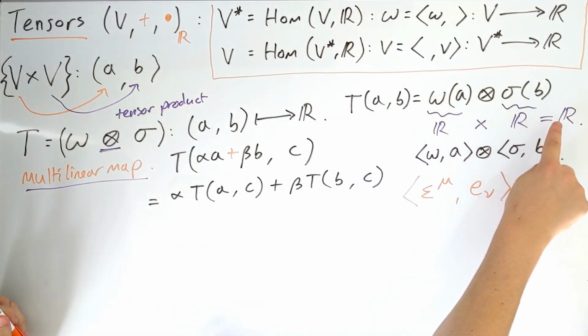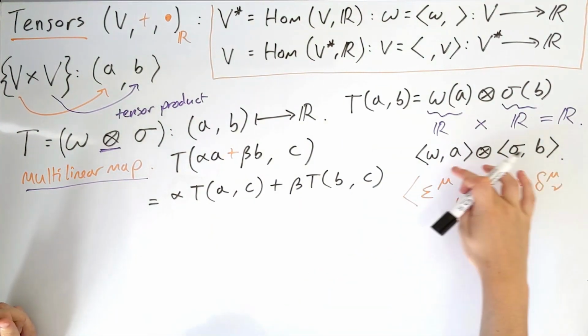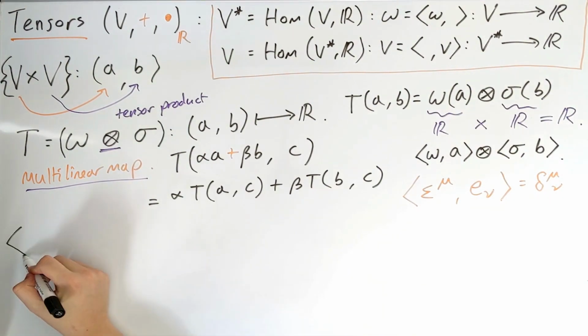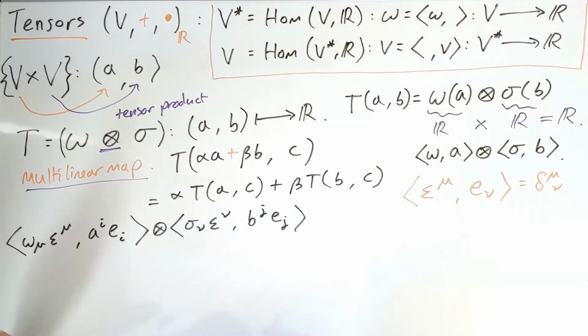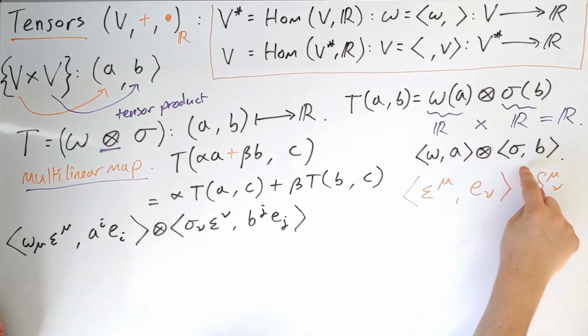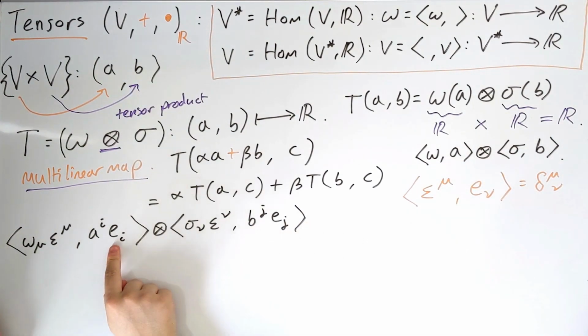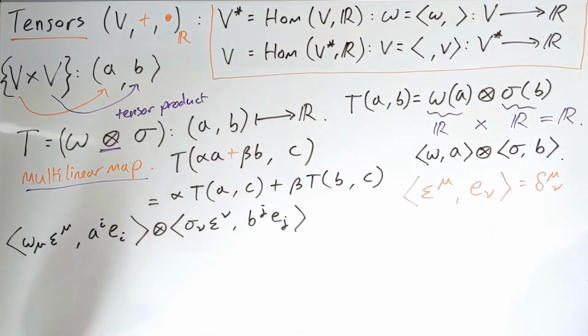So now if we consider this tensor object, and we consider expanding all of these objects in terms of a basis, we get the following result. So here I've just expanded each of these vectors and dual vectors using the corresponding dual and vector basis. So these are the scalar components of each vector and dual vector.